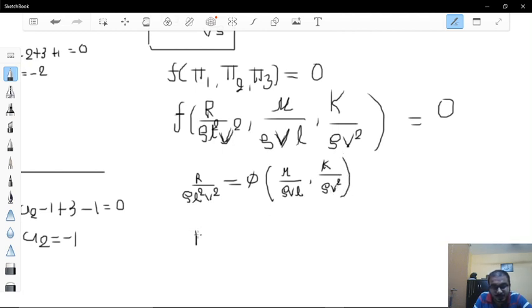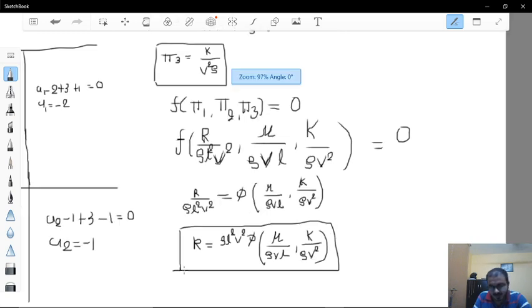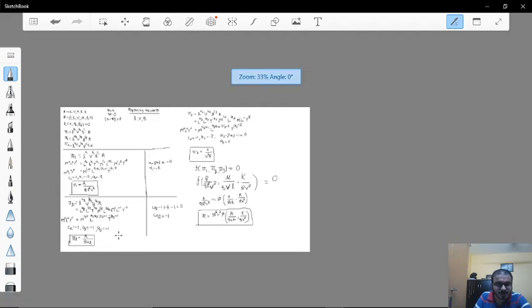So we can write down R is equal to rho L square V square function of mu upon rho V L, comma K upon rho V square. That is the final answer. So this is the way we can solve using Buckingham's pi theorem.